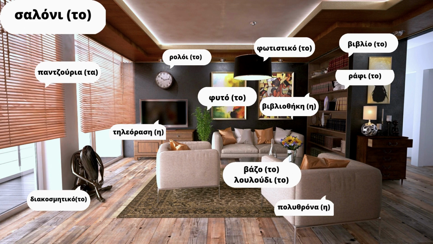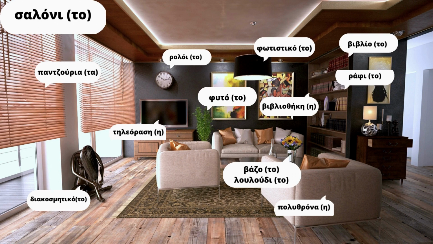To biblio. It's a neutral gender. And the word for a shelf, this is the shelf of the furniture, is called arafi. To arafi. So one shelf is an arafi.